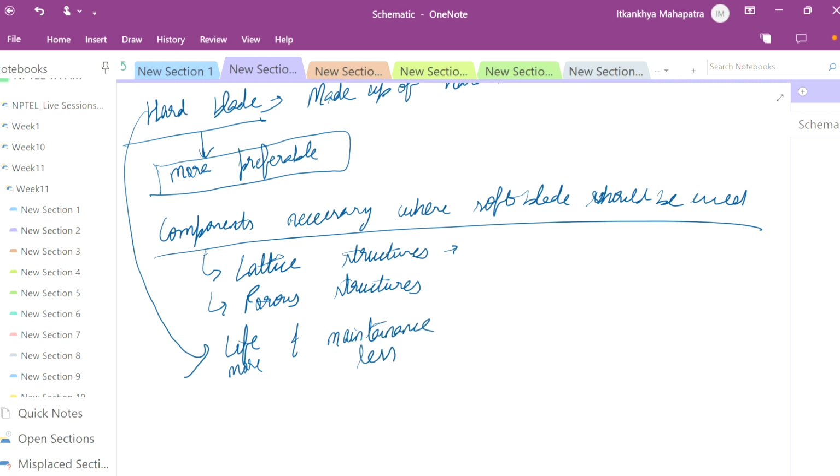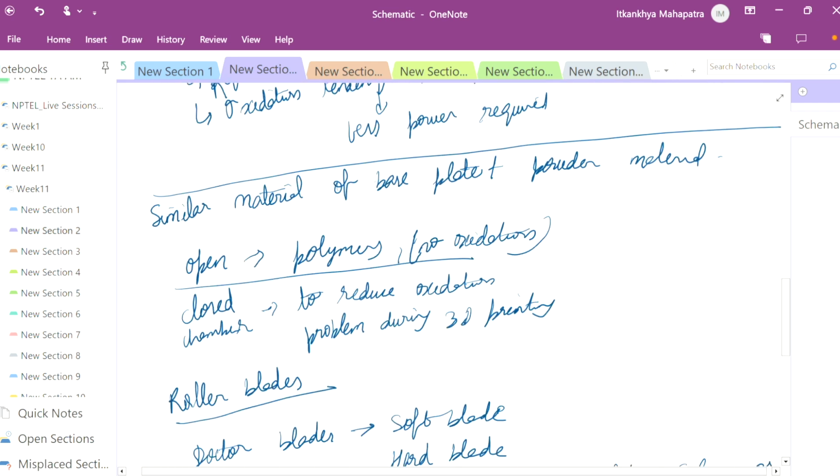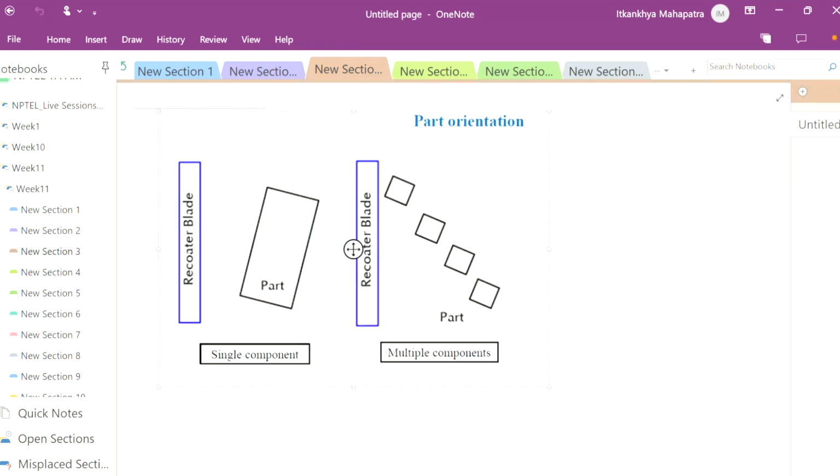Okay, so now an assignment related to this positioning of the part, one question is there. So this is about the positioning. Now in 3D printing we have a base plate. We will place it like this. Mostly this happens in FDM, because in FDM we always place the component in the center position.